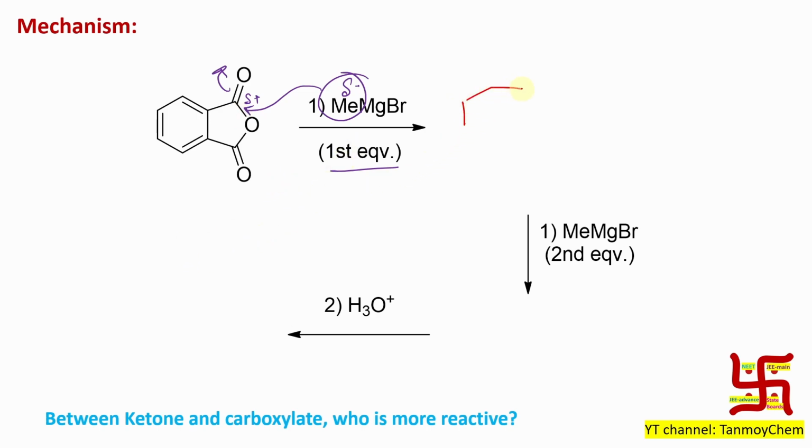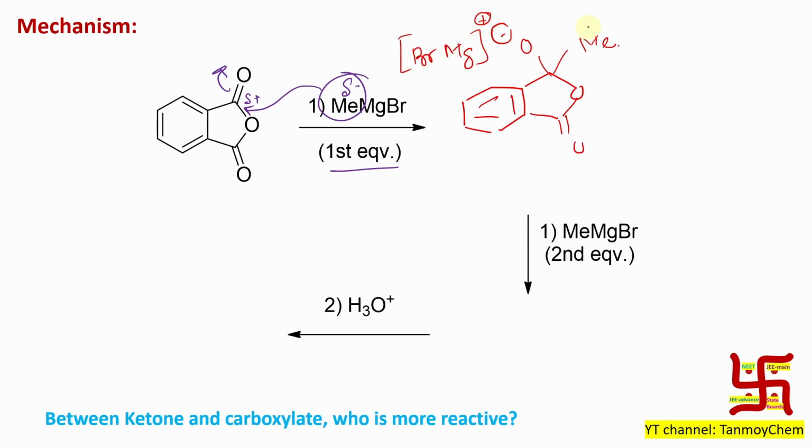So you can expect this benzene ring will be as it is. By the way, students, I request everyone, please practice drawing, otherwise organic chemistry will be a difficult job for you. So this is the methyl group. Now in order to maintain the charge balance, this MgBr part will remain as the counter cation. Now if you look at this part, this carbon center is sp3 hybridized.